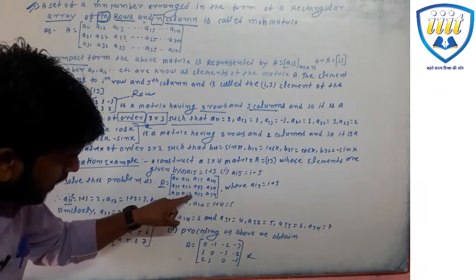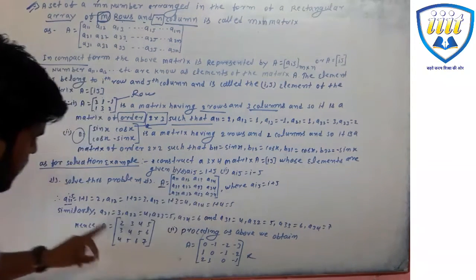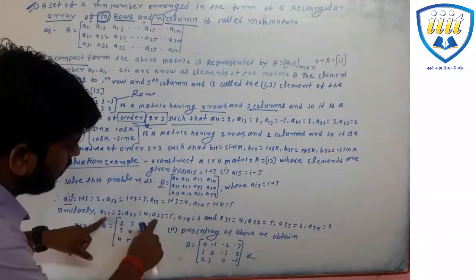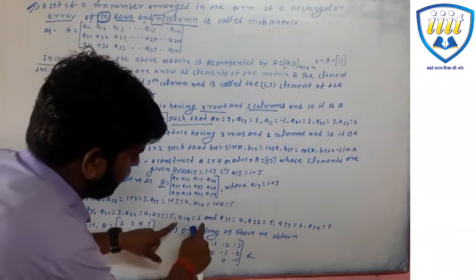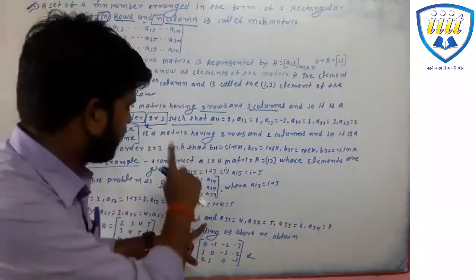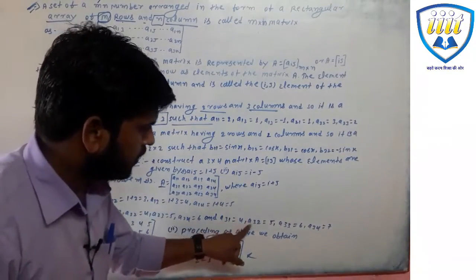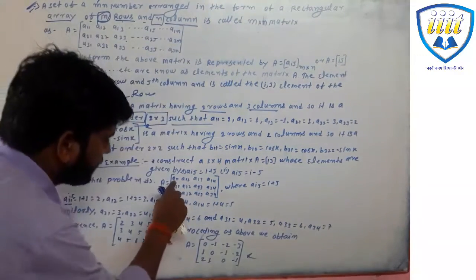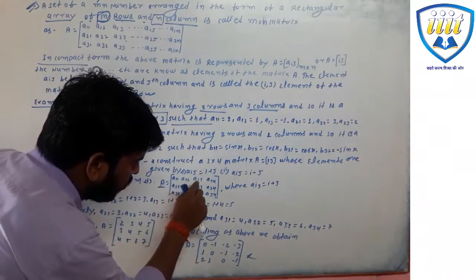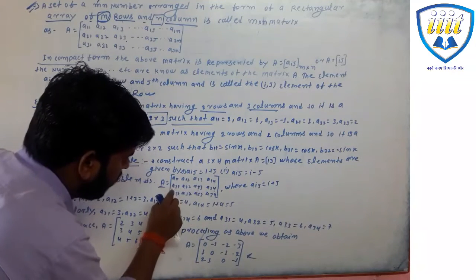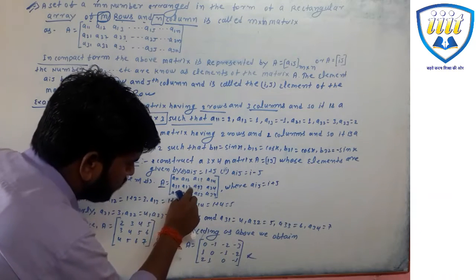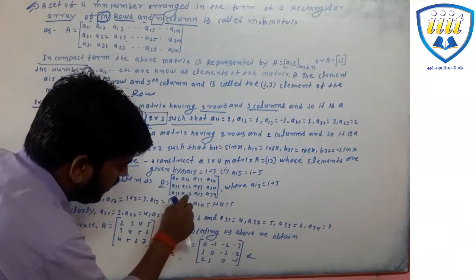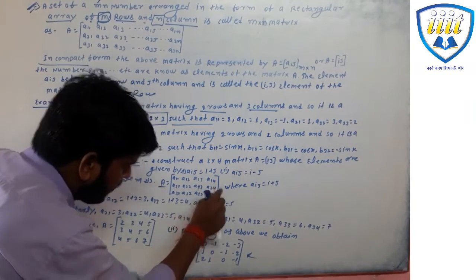So A21 is 3, A22 is 4, A23 is 5, A24 is 6. Down, A31 is 4, A32 is 5, A33 is 6, A34 is 7. That is 1 plus 1, 1 plus 2, 1 plus 3, 1 plus 4, 2 plus 1, 2 plus 2, 2 plus 3, 2 plus 4, 3 plus 1, 3 plus 2, 3 plus 3, 3 plus 4.